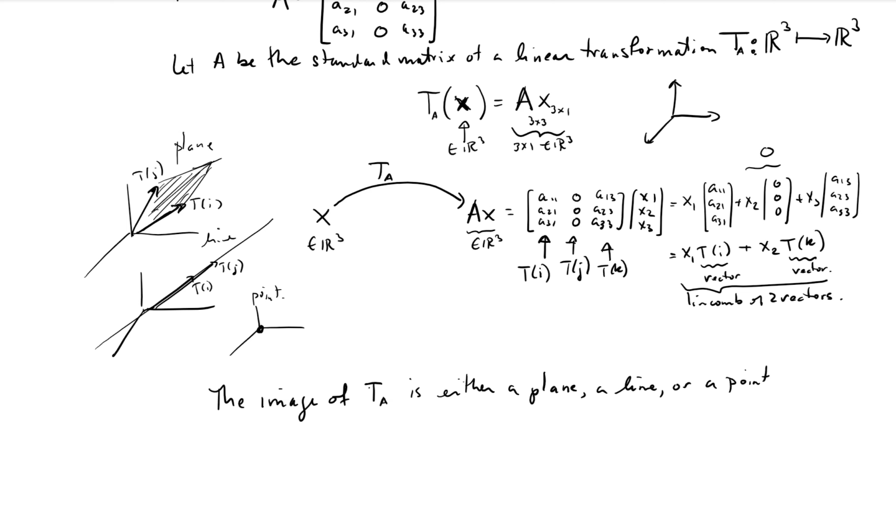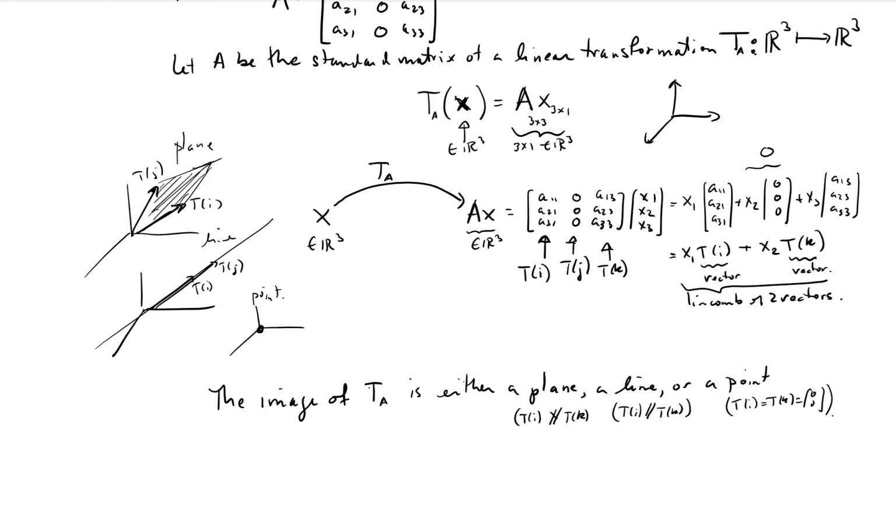Or if you want to be even more explicit, that's T of I not parallel to T of k. A line would be the case where T of I is actually parallel to T of k. And a point would be when T of I and T of k are equal to 0.